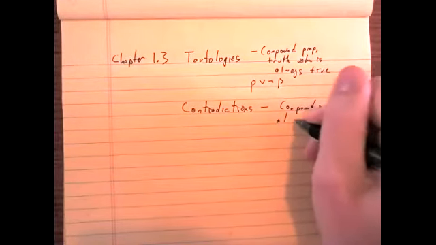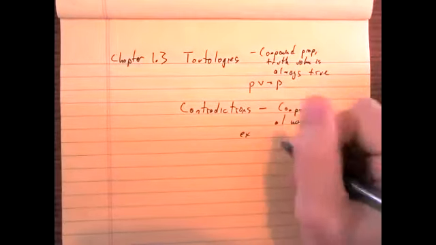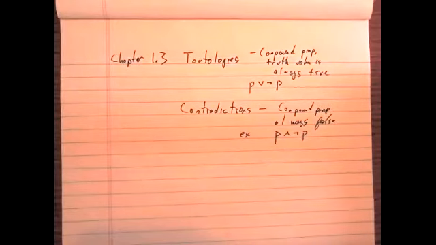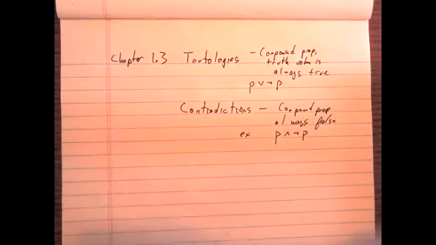An example is P and not P. This will always be false. Okay, so these are important kinds of propositions that we need to keep track of. And in particular, they're going to help us with the following important definition.